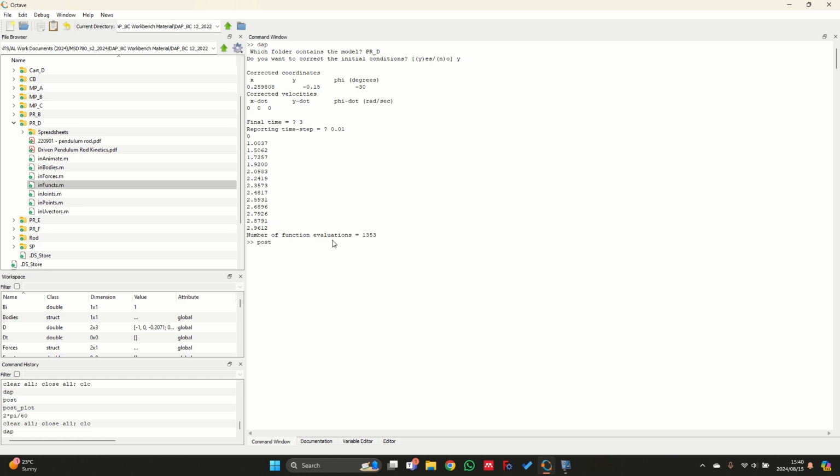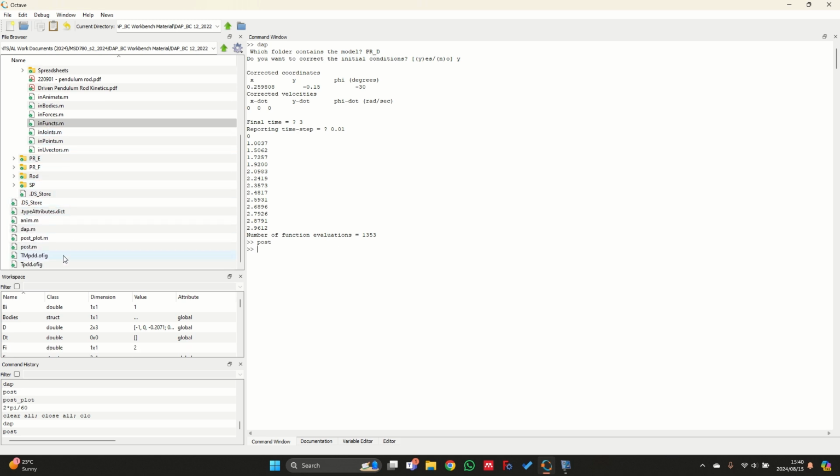Then I can run post again. Since I don't have a third Lagrange multiplier, if I check the Lagrange multiplier, I now have 301 by 2. Since I didn't specify the driver constraint, I don't have that Lagrange multiplier column. I only have the 2 reaction forces at the revolute joint.